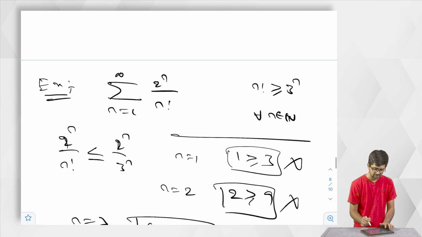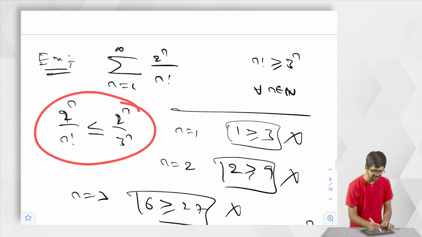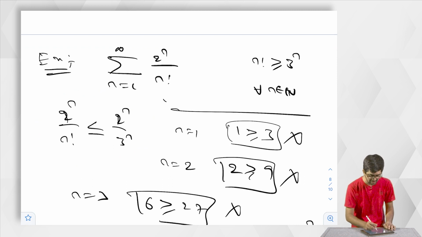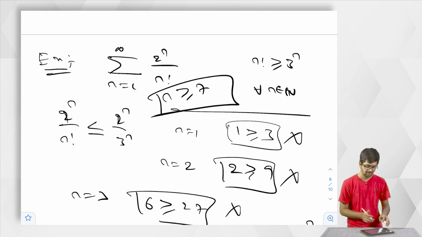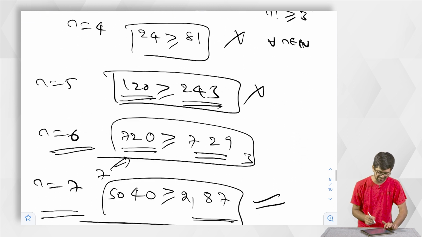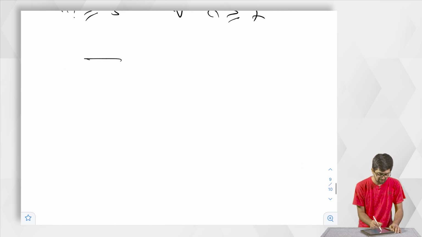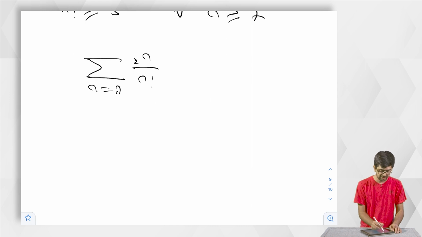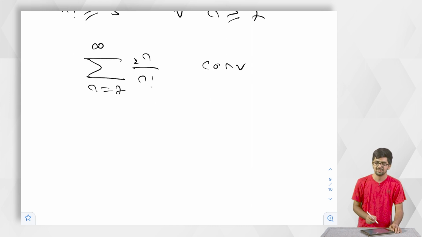So this is not true from 1, it is true from n greater than or equal to 7. So from then I can apply the comparison test and conclude that summation 2 power n by n factorial, n is equal to 7 to infinity, is convergent.